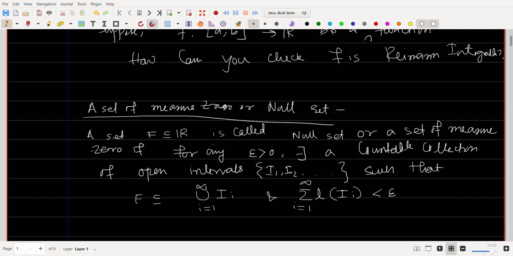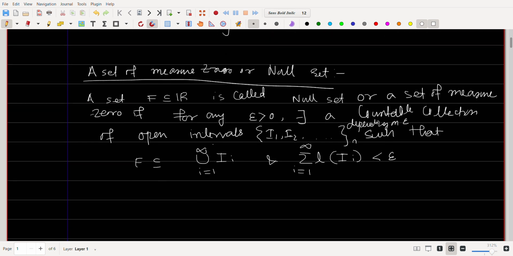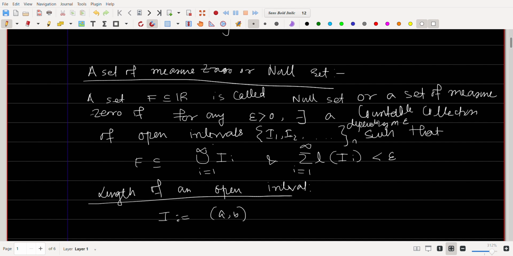So for every epsilon you need to find a countable collection of open intervals depending on that epsilon, such that this happens. What do I mean by the length of an open interval? Suppose your I is defined as (a, b), then the length of I is b minus a.